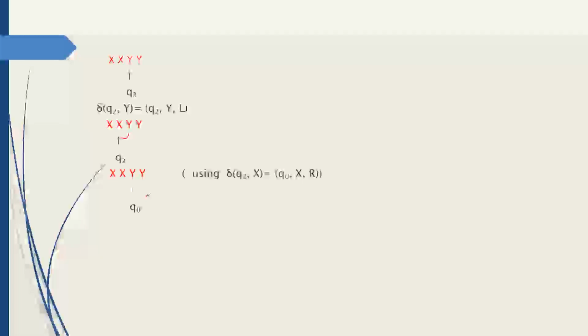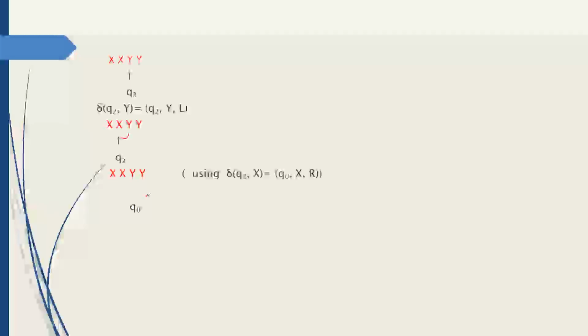Q0 on 0 we have defined, because at that time we told that if you are in the state Q0 and input is 0, we change the state to Q1, replace 0 by X and move the cursor to the right direction. Now you are in the state Q0 and input is Y. What does it indicate? As soon as you are in the state Q0 and input is Y, it indicates that all the zeros on the left hand side are read.